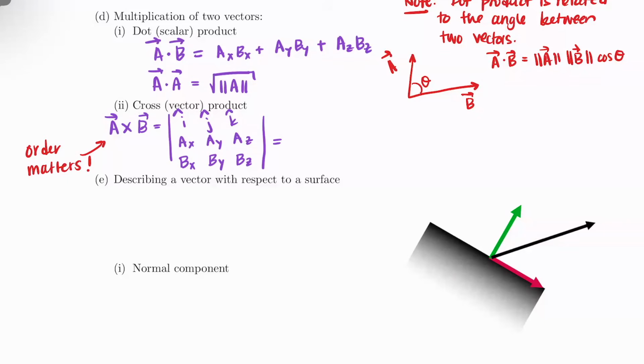Okay, so when I work out this determinant, I'm going to start with this subdeterminant. So I have I hat times the quantity of AY BZ minus AZ BY. Okay. And then my next subdeterminant is the one in the J hat direction.